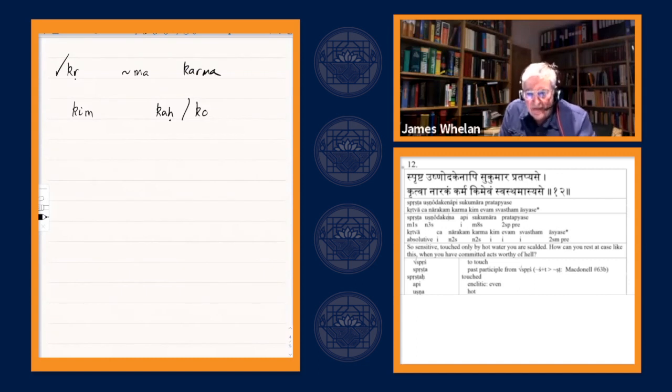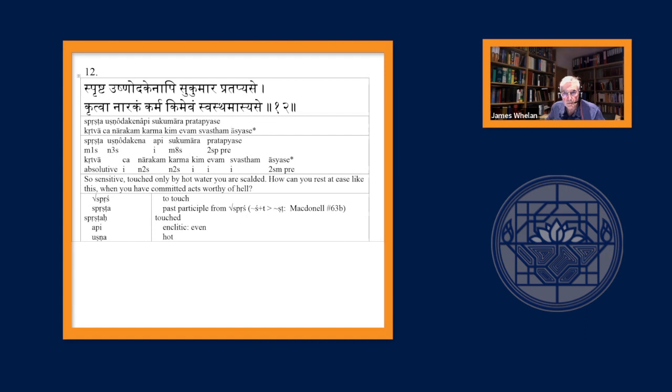So, kim evam swastam asyase. So, let's look at this asyase. Will anyone volunteer which word that has come to be quite widely used in modern English is from the same root as the verb asyase?